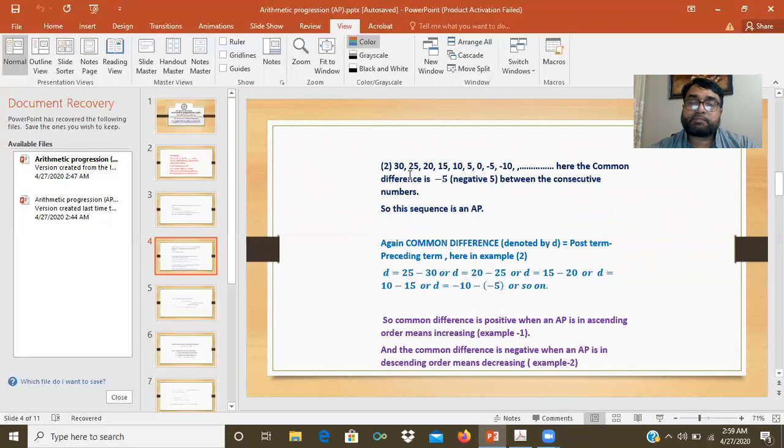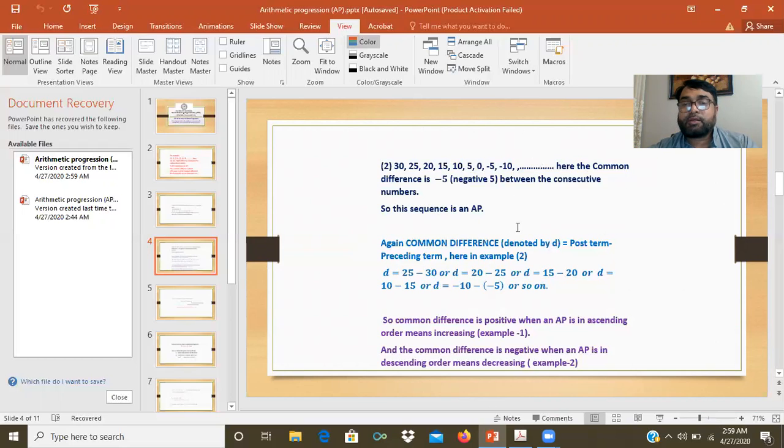Example 2, the sequence is like the numbers are coming as 30, 25, 20, 15, 10, 5, 0, negative 5, negative 10, and so on. And here the common difference is negative 5. So the common difference, negative 5, is coming as negative.